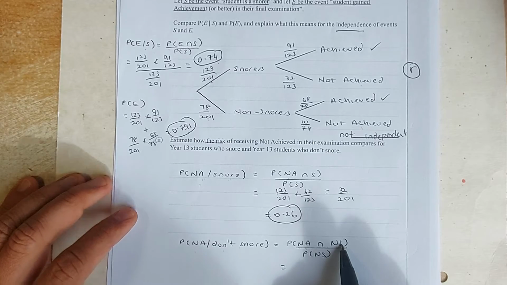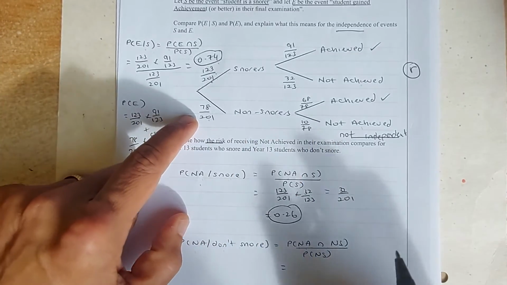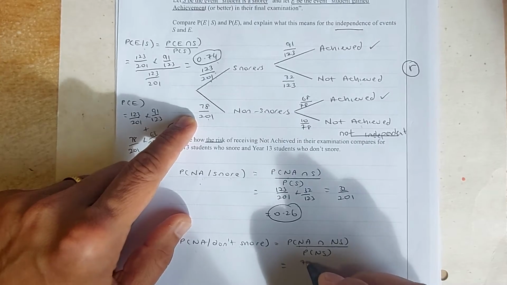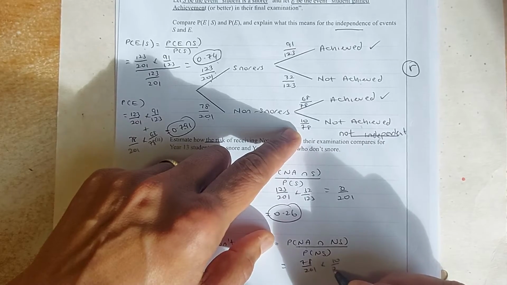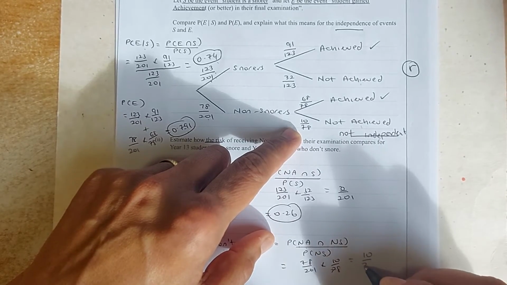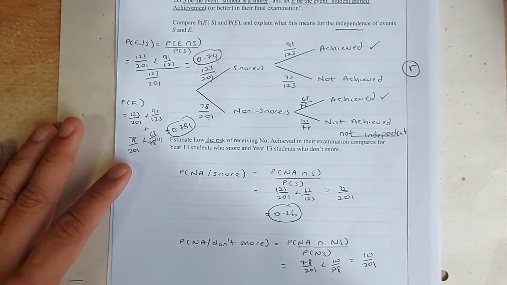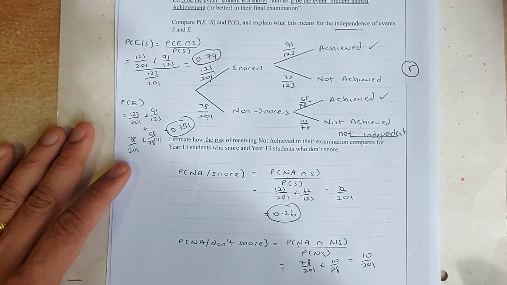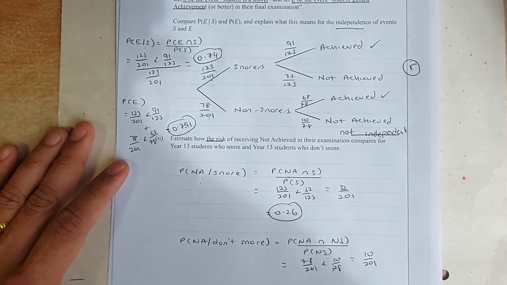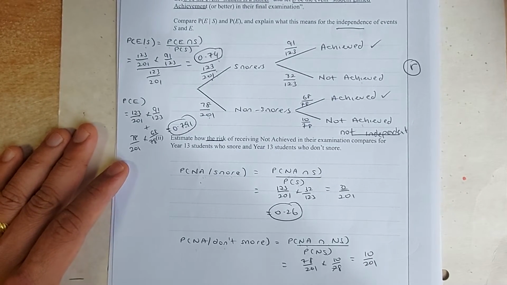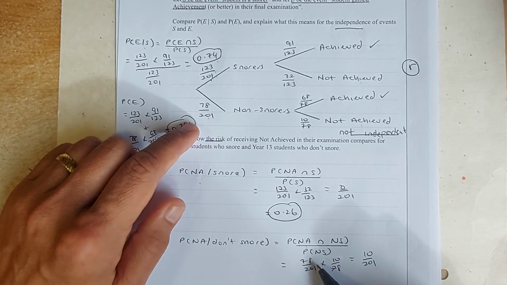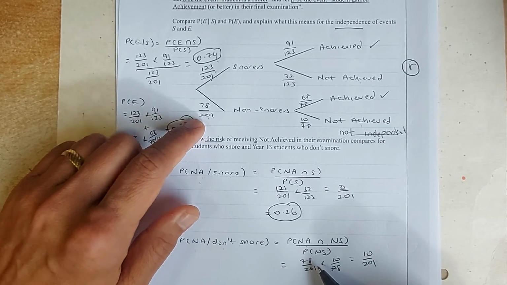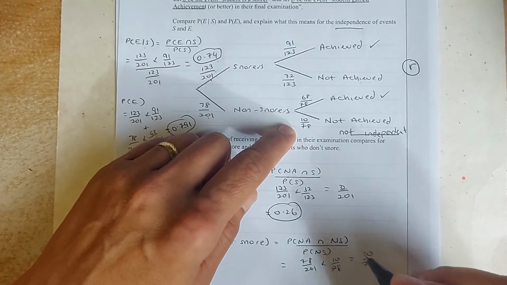Not achieve and non-snorer is going to be 78 over 201 multiplied by 10 over 78.